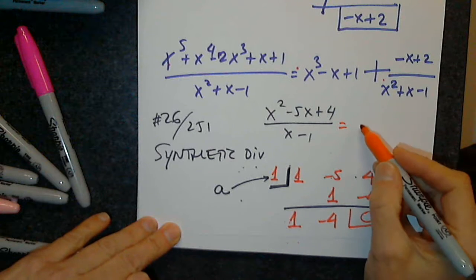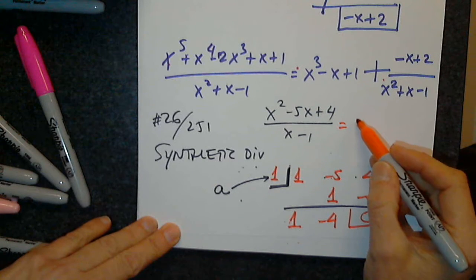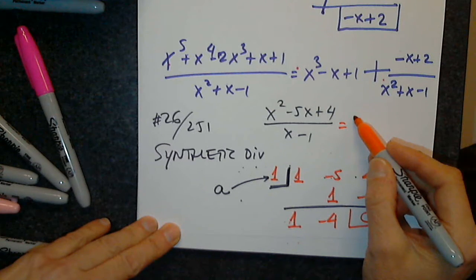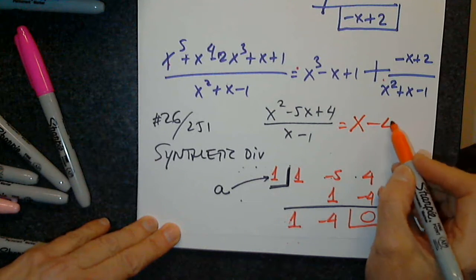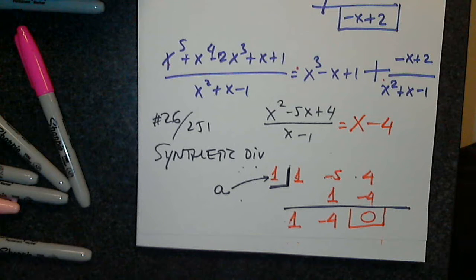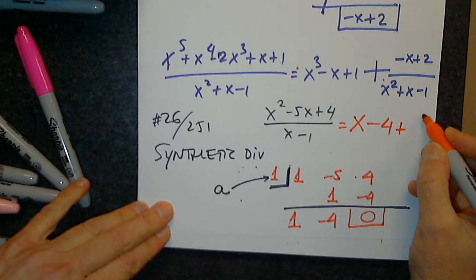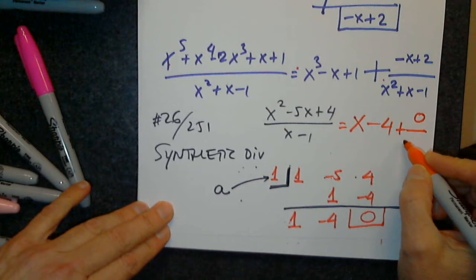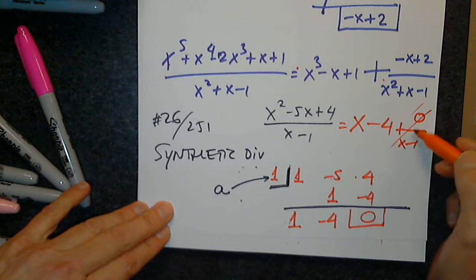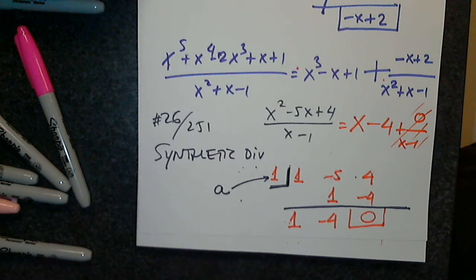Please dictate. Times 4. Plus, if you want, I wouldn't, plus 0 over x minus 1. Of course we don't need this, because the remainder is 0.